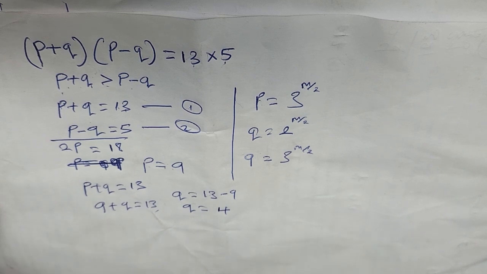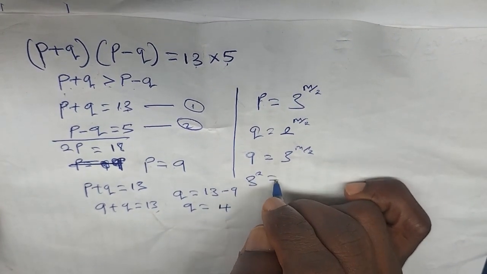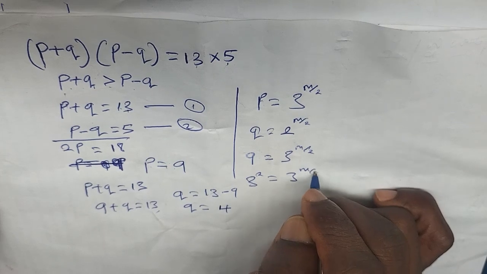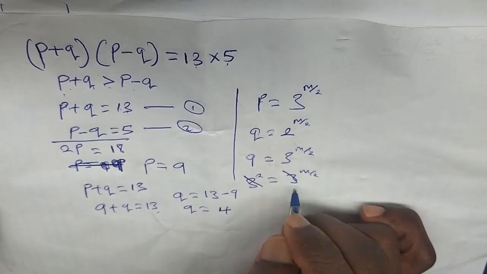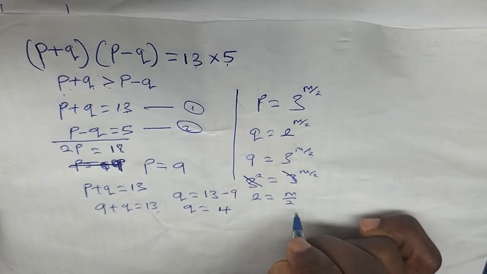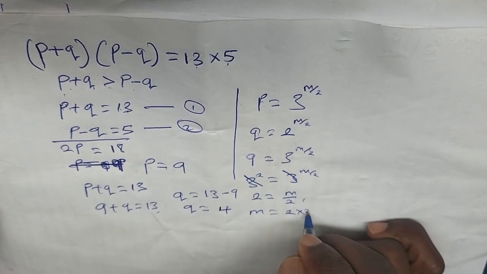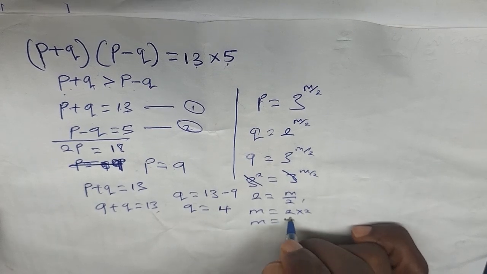So we can write 9 as 3 to the power of 2 is equal to 3 to the power of m over 2. So this and this will go. We are now having 2 is equal to m over 2. So if we want to look for m, our m is equal to 2 times 2. Therefore, our m is equal to 4.